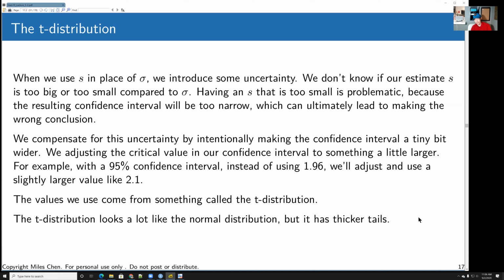But then they would come back and say, no, that's the wrong conclusion. So he checked the math and realized he was basically using values based on the normal distribution. He said, I think I need to create a new distribution. And so he worked with a mathematician and came up with the T distribution.